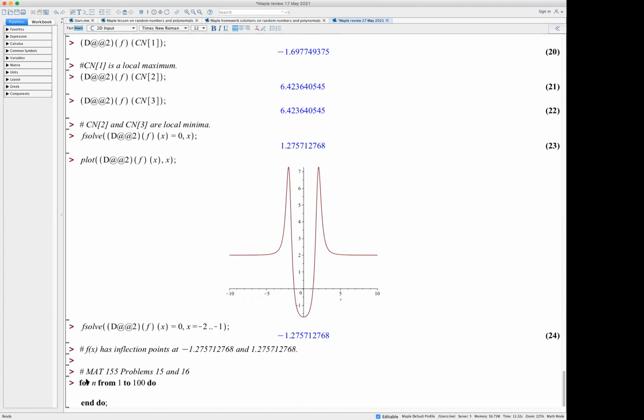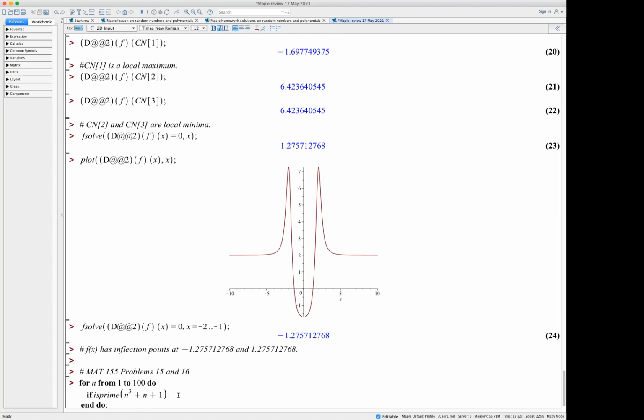I don't want to list anything else. So if n cubed plus n plus 1 is prime, so this is my Boolean function.